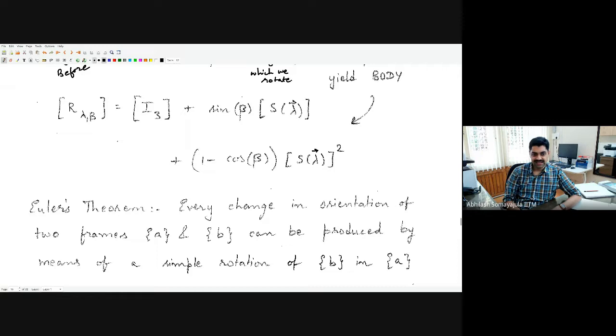And the idea here is that every change in orientation of any two frames can be produced by a simple rotation of one frame with respect to the other frame. And that is valid in the three-dimensional space, or the Euclidean space, that we are interested in. So in Euclidean space, this holds true.